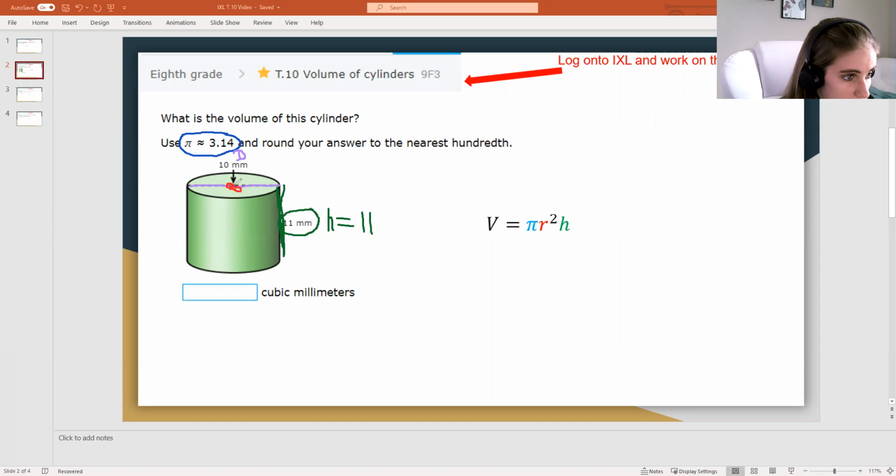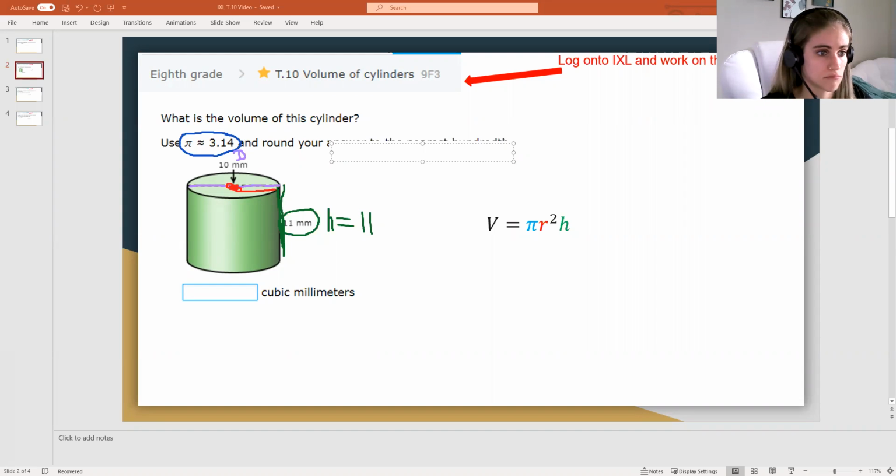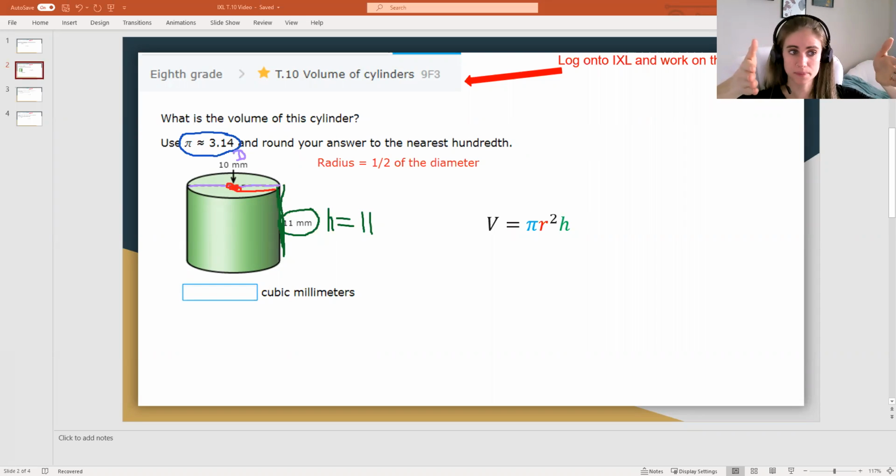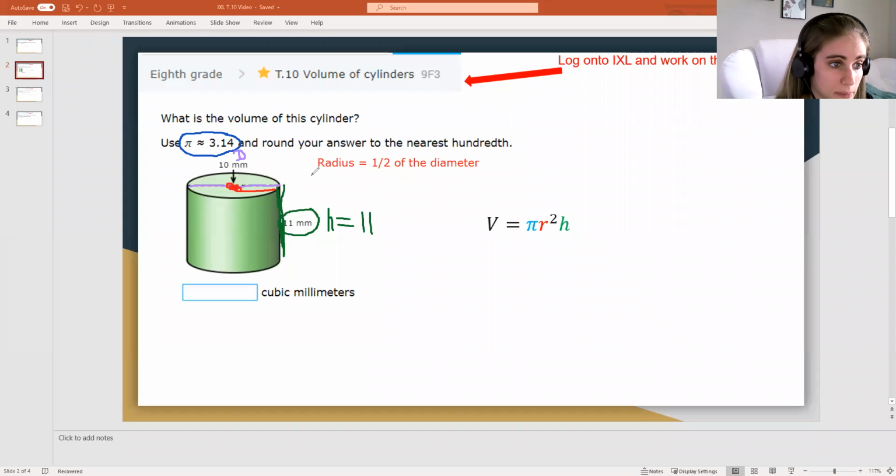So our radius goes from our center to the edge, which means our radius is half of the diameter. So if my diameter is 10, what would be half of 10? So 10 divided by 2. 5. The radius for this problem is 5.